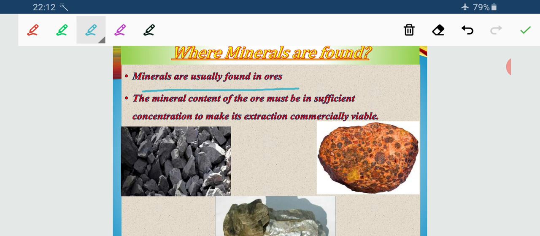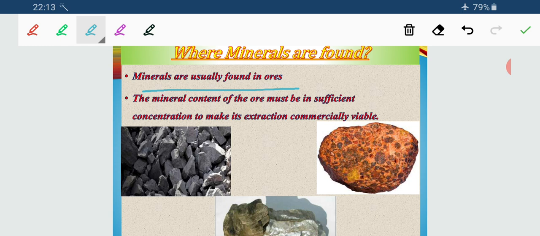Ore is a natural rock or sediment that contains one or more valuable minerals, typically a metal, that can be mined and treated.